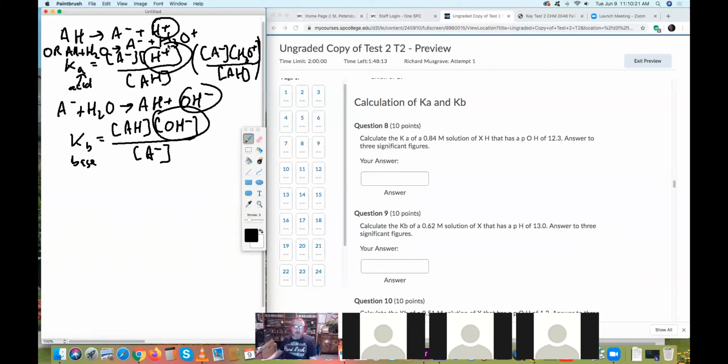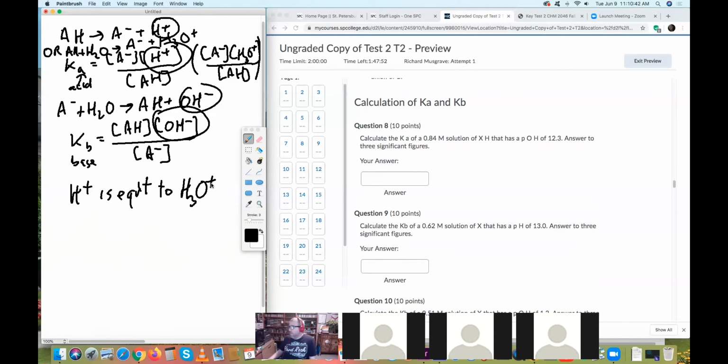But again, if we do include the water with the H+, that's fine, but then it becomes H3O+, which is the same as H+. So that's going to be important as well. So H+ is equivalent to H3O+.